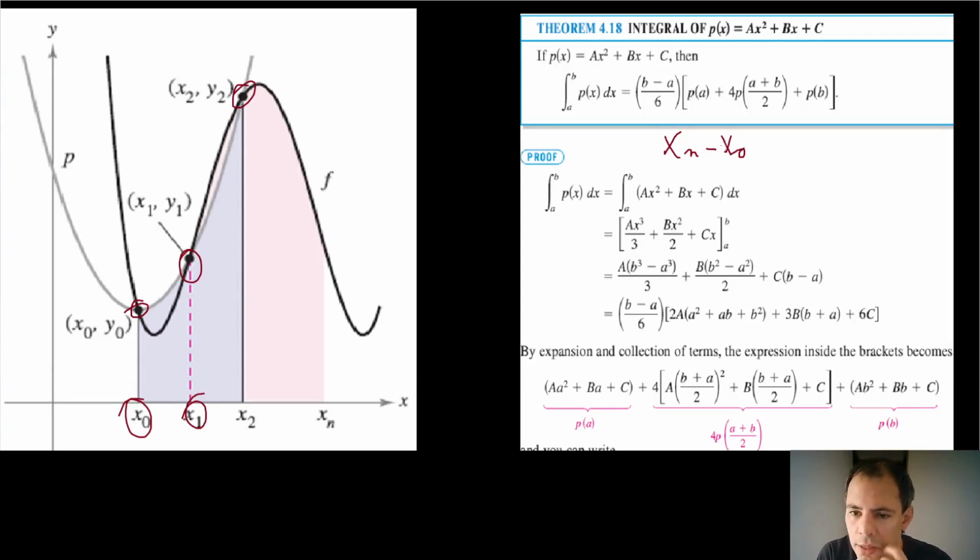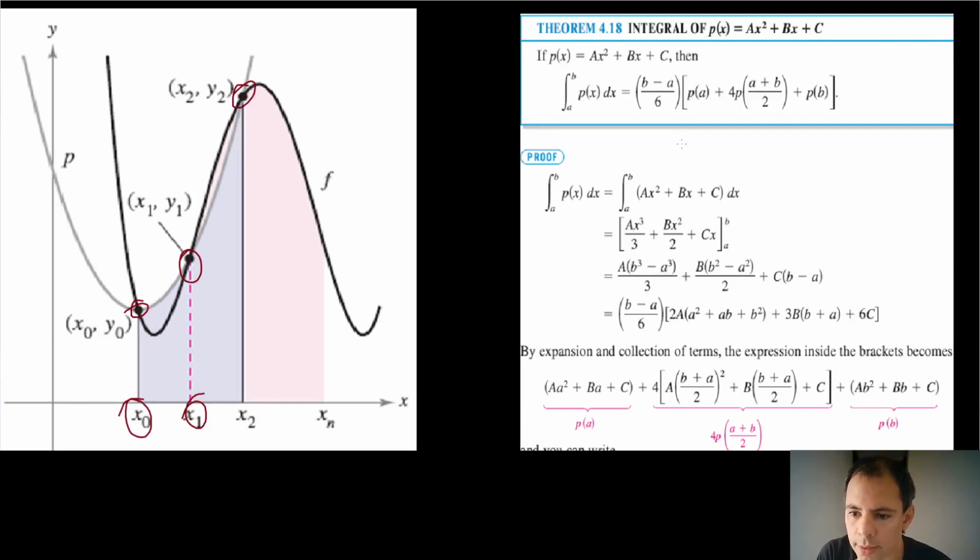This is something very confusing for people who are beginning this. This b and this a here are actually going to turn into x0 and x2.